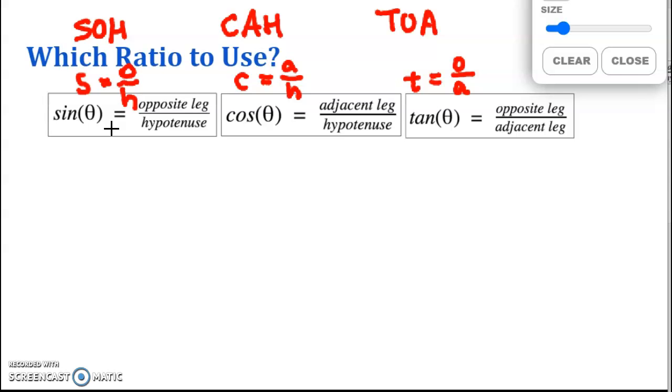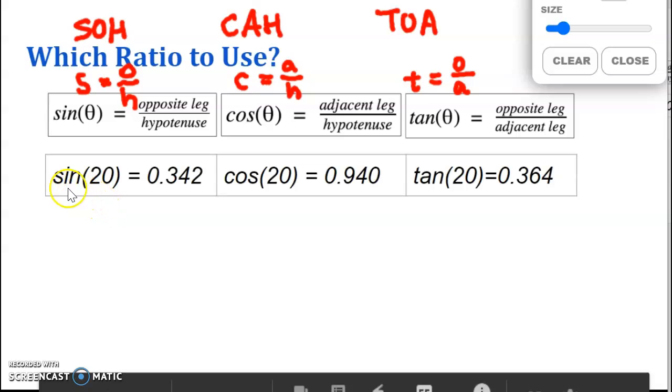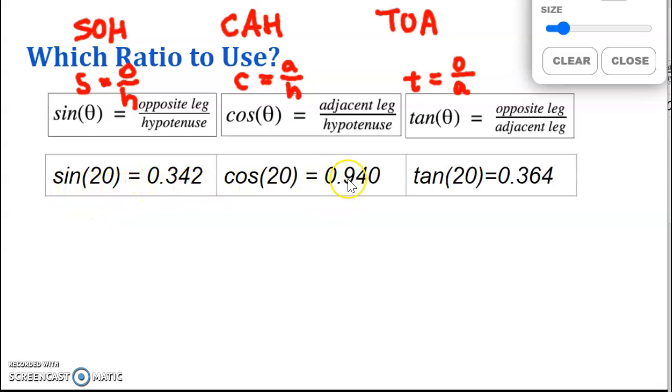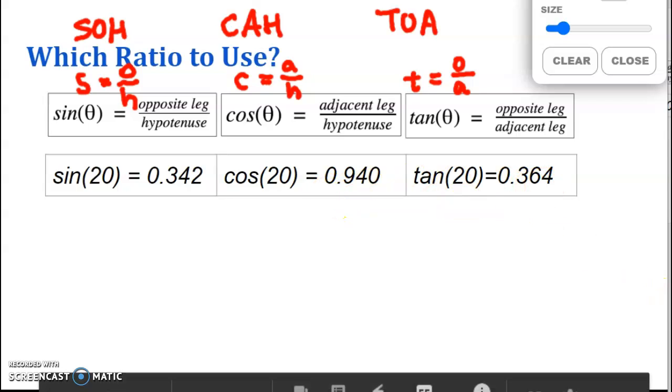There are songs about it. If you Google it, there are plenty of ways to memorize this. Okay, so then let's continue. Sine of 20 degrees is 0.342, cosine of 20 degrees is 0.940, and tangent of 20 degrees is 0.364. That's what we figured out just by filling out the table.